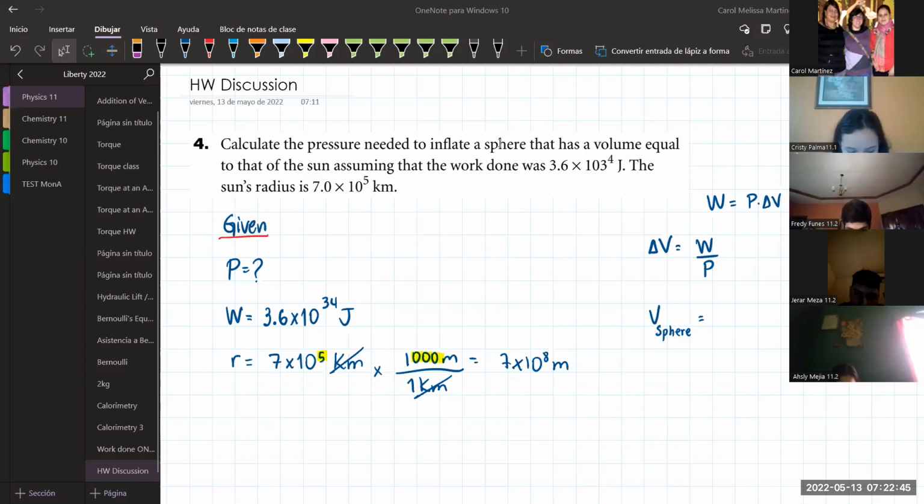Belen, I saw that you raised your hand. Yes, it's because in the work it says 3.6 times 10 to the fourth power. In the word problem, but the one I sent, I remember that I made the correction. In the problems that I sent to your group, I remember I made this correction, okay?